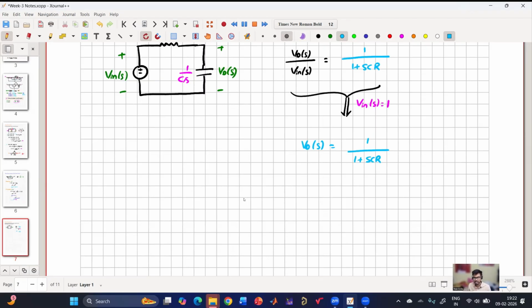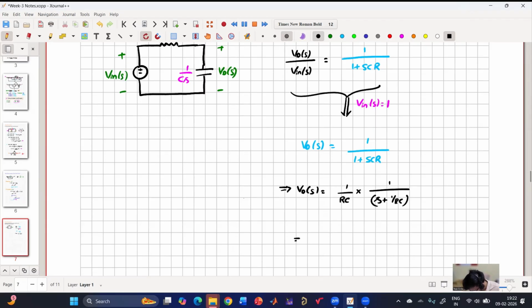Someone said e to the power minus t by CR. It is partially correct. So what we are going to do is, for V naught of s, I will take RC as common in the denominator. Then I'll have 1 by s plus 1 by RC.